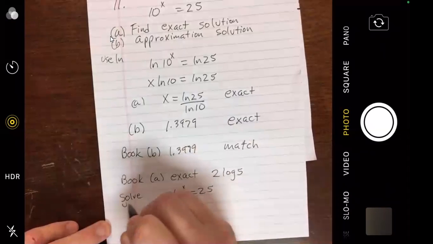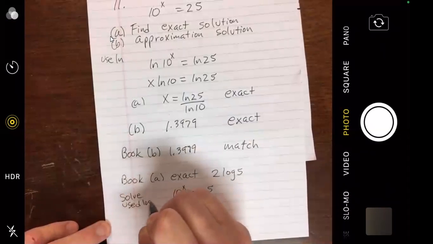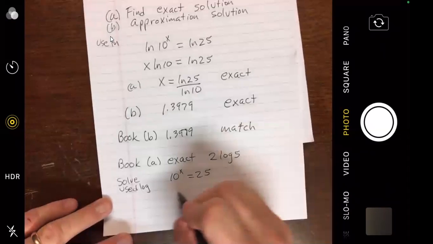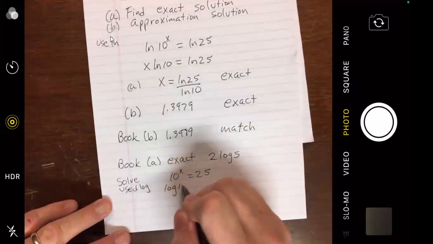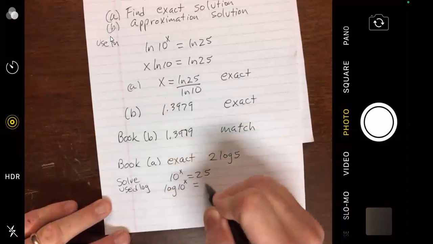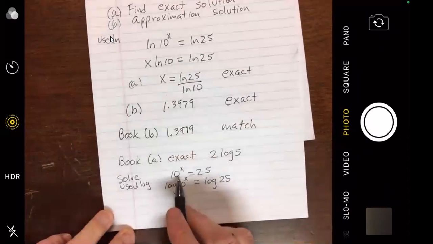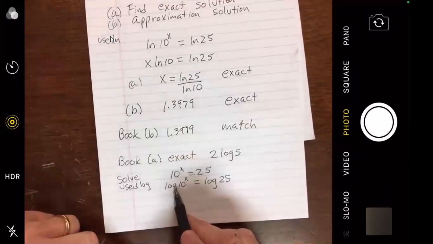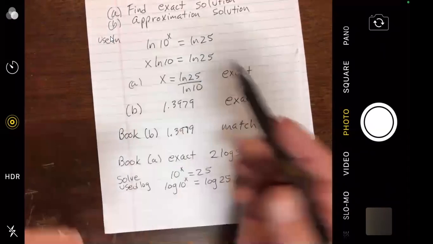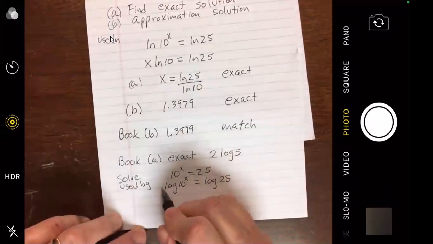They used log, and that is legal. Log, you're doing the same thing to both sides. They noticed it was base 10, and so they modified it and used log, which is perfectly legal. I use ln every time. Now you don't have to bring the x to the front.